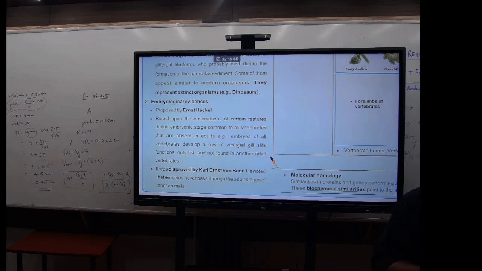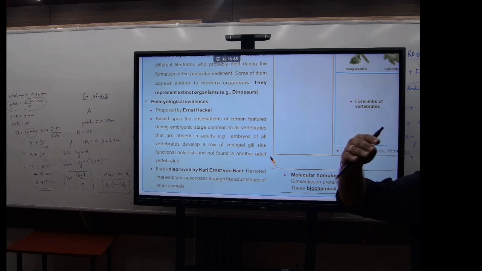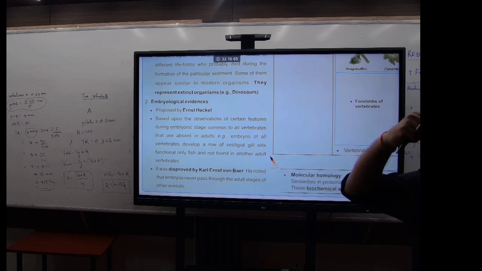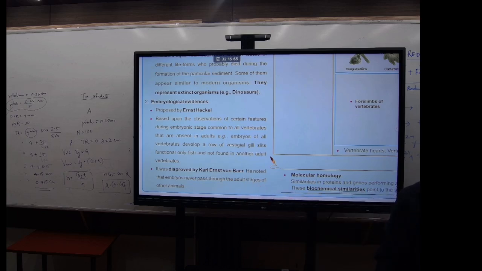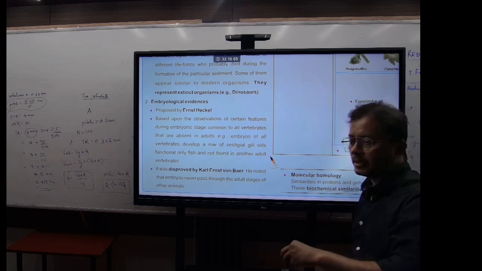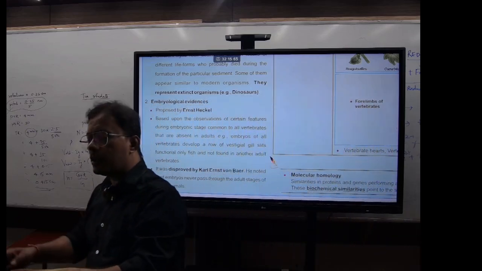Even our embryos, including humans, develop small slits near the neck region. But as the embryos transform, these gill slits will disappear. But these gills become functional only in the fishes. So according to Ernst Haeckel, fishes were the ancestors of all the vertebrates.